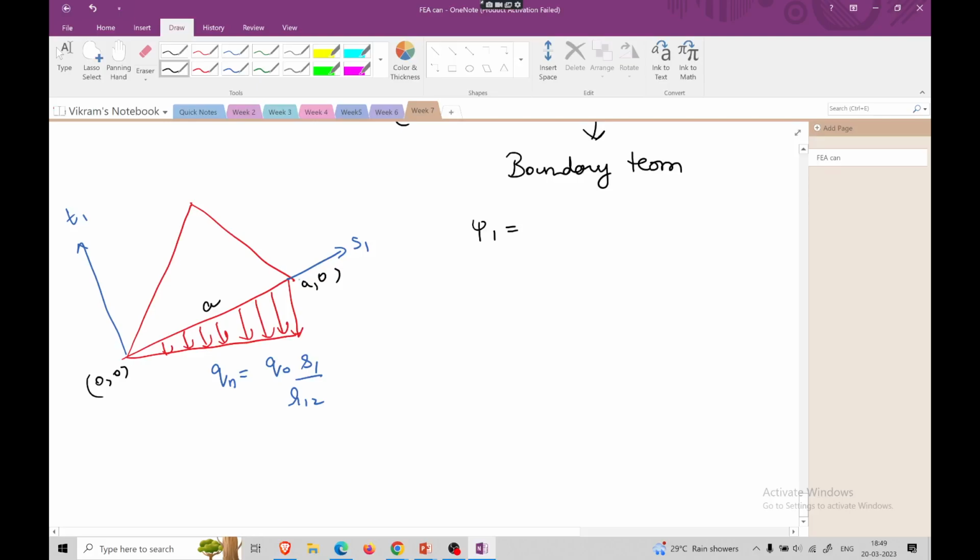So this will be q0 by h12, integral 0 to a. s1 ds will be s1 square by 2, so a square by 2, minus 1 by a into a cube by 3. So a square by 2 minus a square by 3, I will get a square by 6, q0 by h12 into a square by 6. My a is nothing but h12.